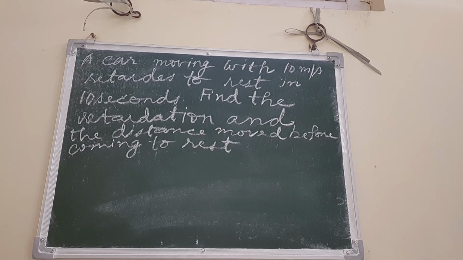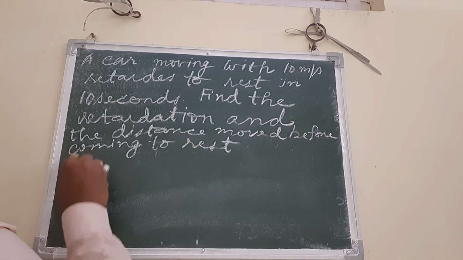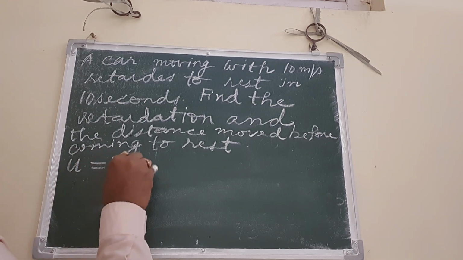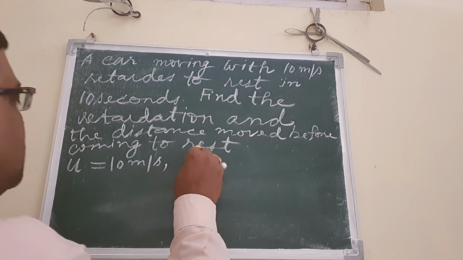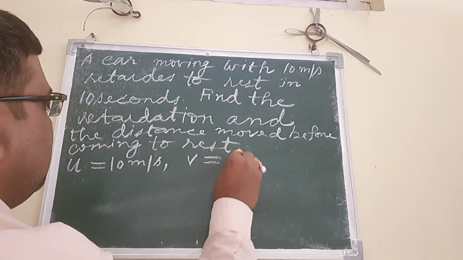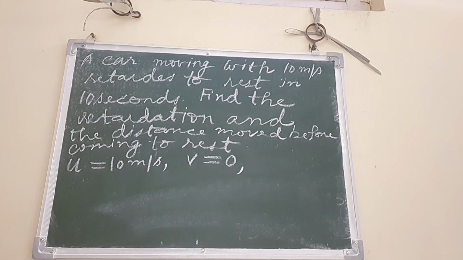A car moving with 10 meter per second. So the car's initial velocity is 10 meter per second. So u is equal to 10 meter per second. Retards to rest. So rest means it has come to rest, so there is no motion, so final velocity becomes 0. V is equal to 0.